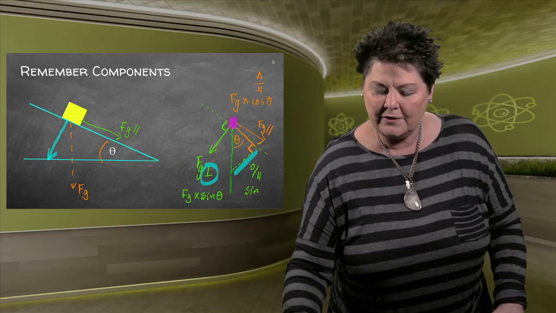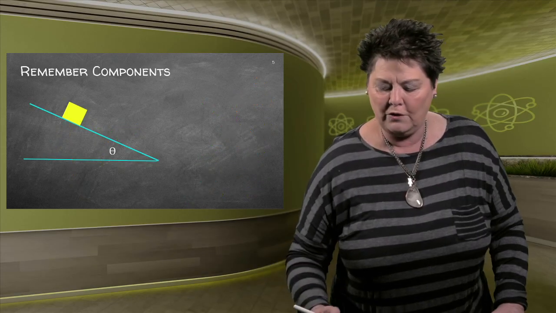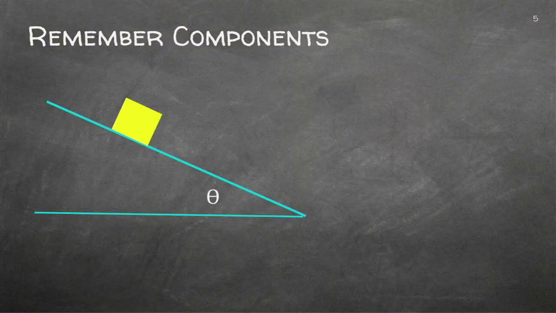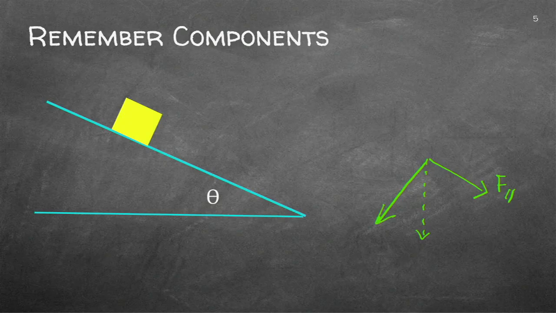Let me quickly revise. Let's take away all the forces. Firstly, you've got your gravity. Remember, your gravity has got a component parallel to the slope and perpendicular to the slope. So that's the two components. And then you continue to draw the other lines. You probably have your normal there if the slope is lying like this.